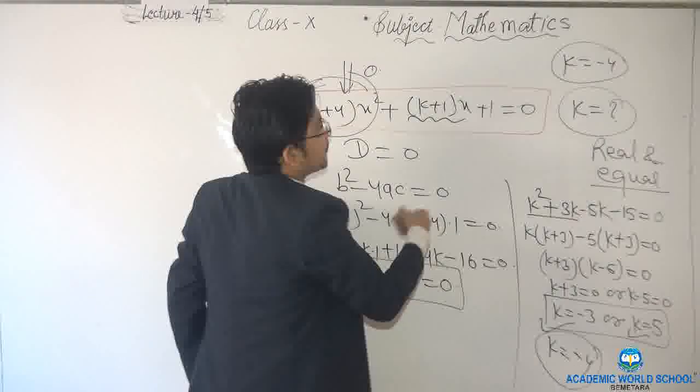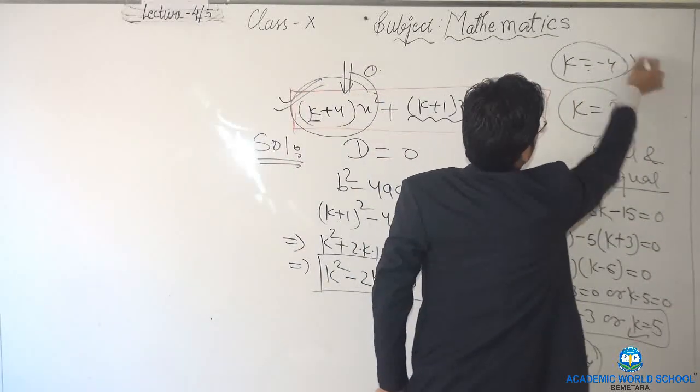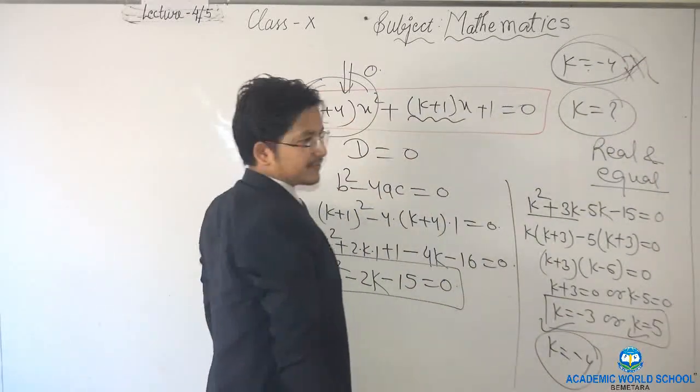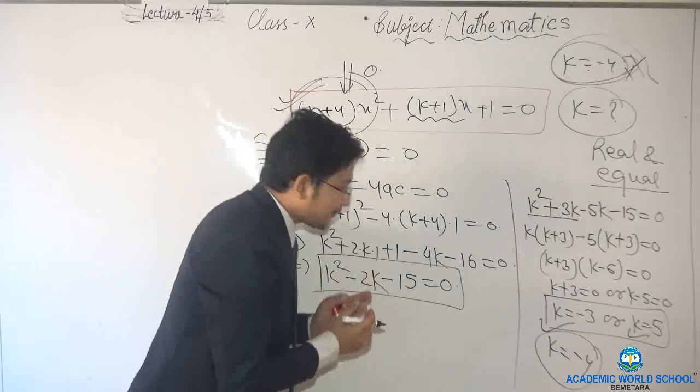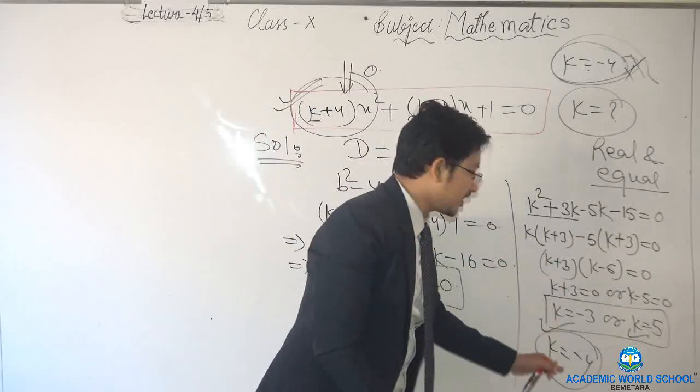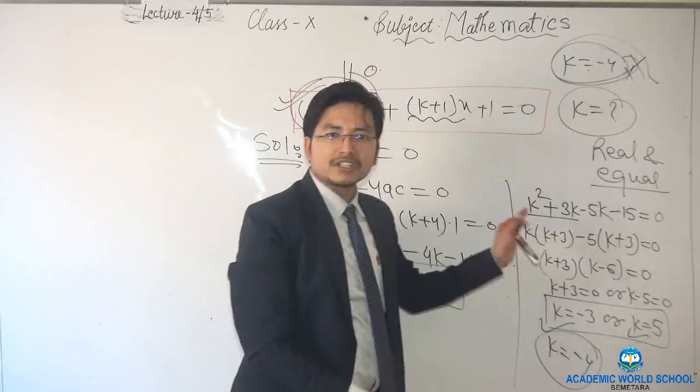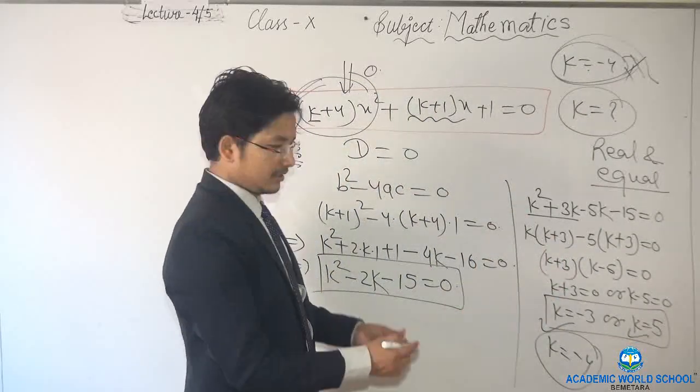Therefore, if k is equal to minus 4 comes, we are not going to take it. This is very interesting: after finding the value, we must check whether the value is acceptable or not.